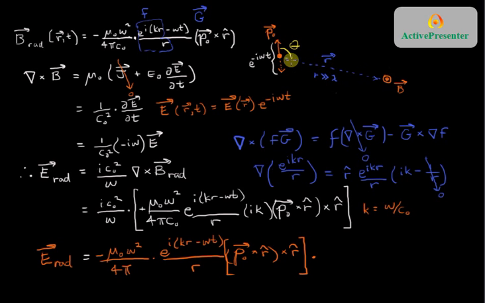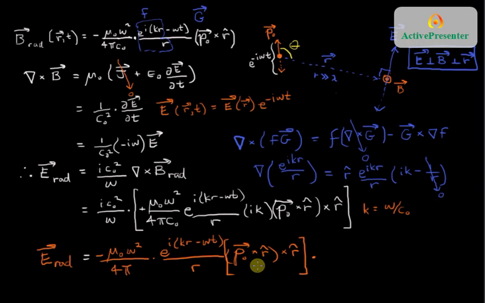So what's orthogonal to this direction and into and out of the plane of the page? That would be this direction. So this oscillation here is going to be the direction of E, orthogonal to the location vector r and orthogonal to B. So we get this result that E is perpendicular to B, which is perpendicular to r. These three vectors in the radiation zone are orthogonal to each other.